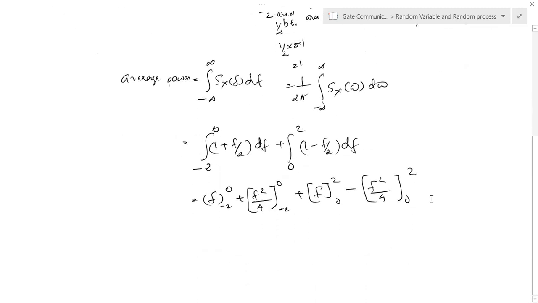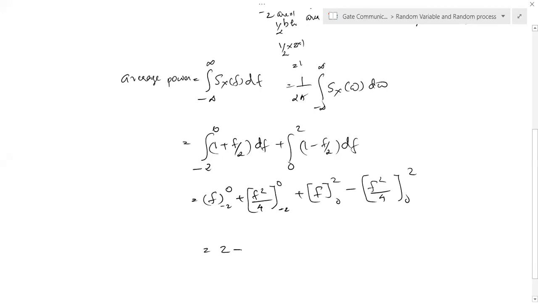If you apply the limits, 0 minus f square gives 4 by 4, so you will get 2 minus 1 here, and here also it is 2 minus 4 by 4. So you will get 2.